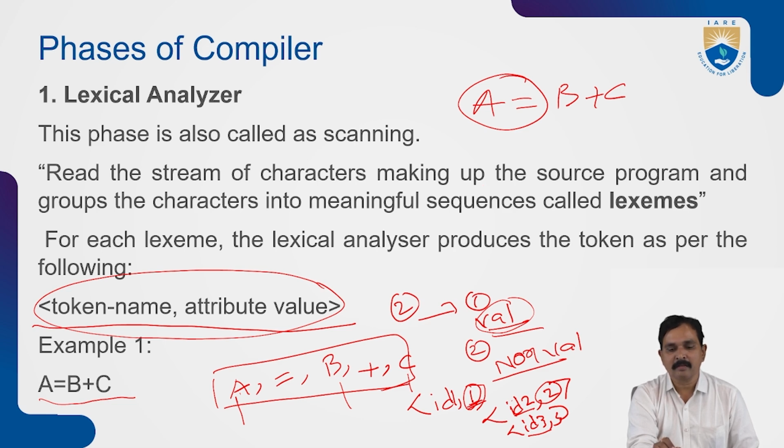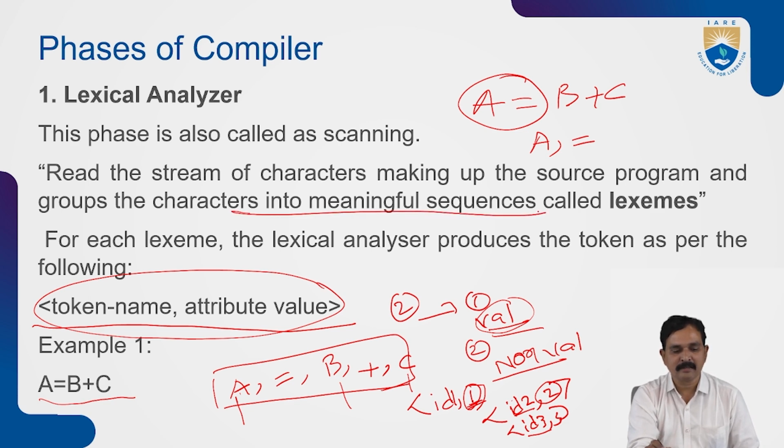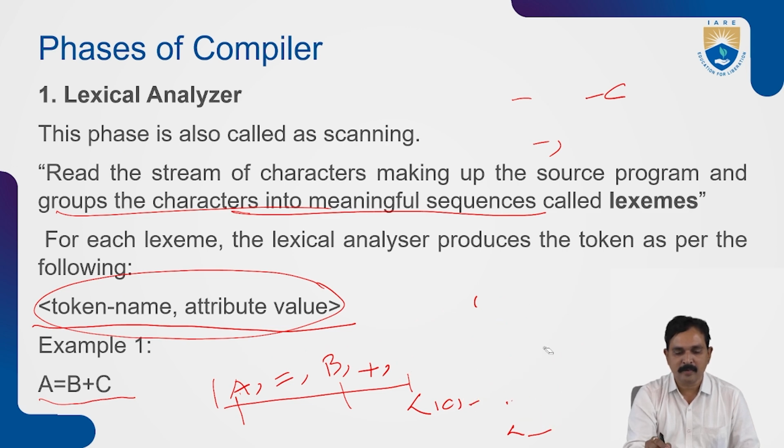Here there is no meaning. You have to separate A and separate the equal sign, which is meaningful. That is the idea of meaningful sequences: grouping the characters into meaningful sequences. Now let me show another example.